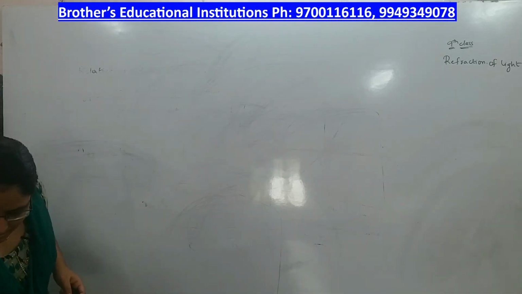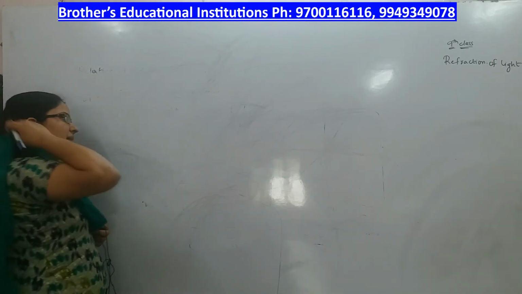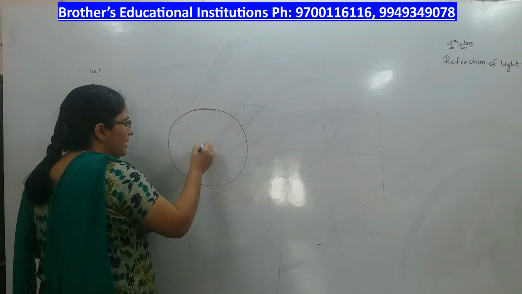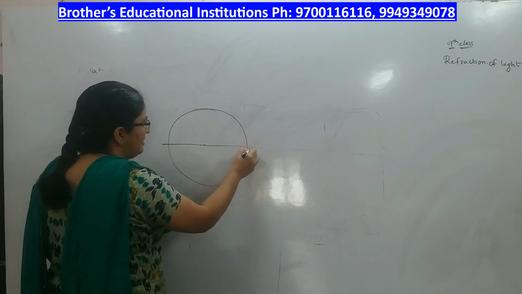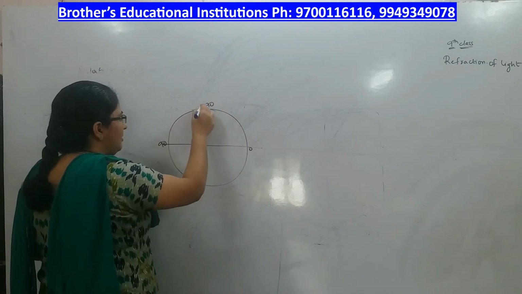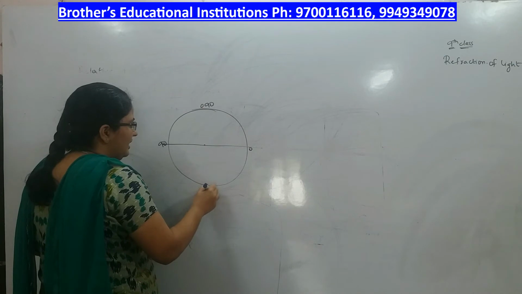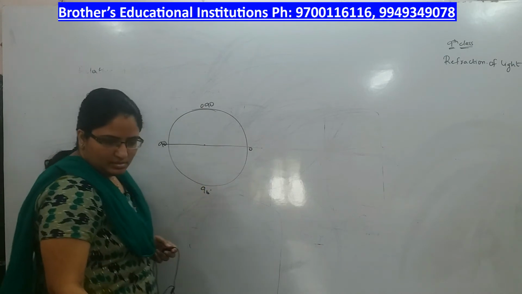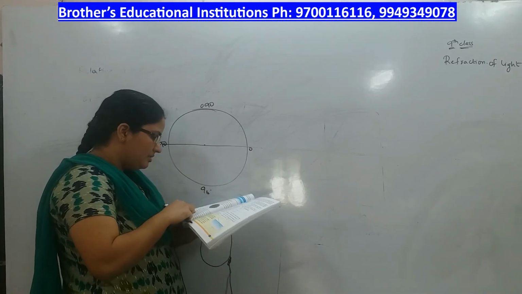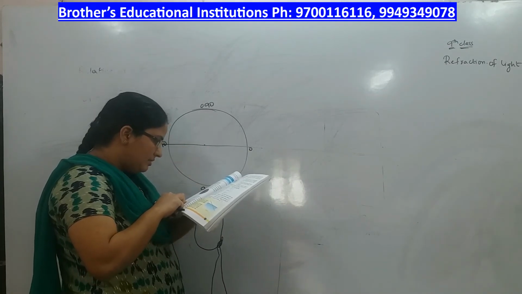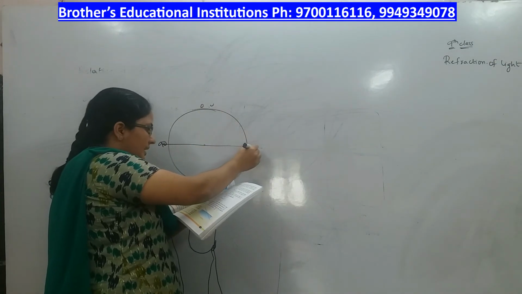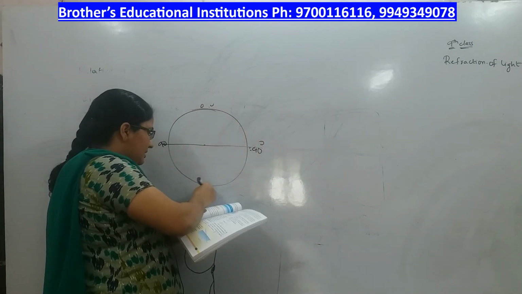Next, take a metal disc and mark angles 0 to 90, 90 to 0, 90 here, this is 0, this is 90, and this is 0.